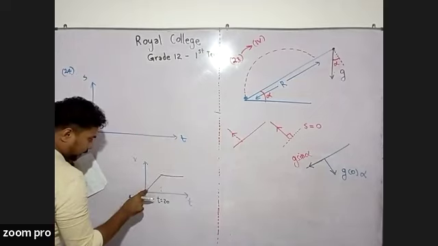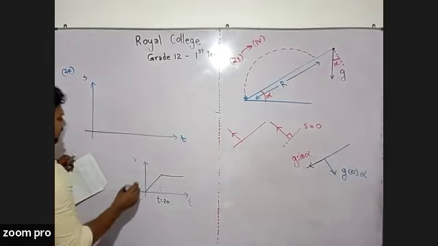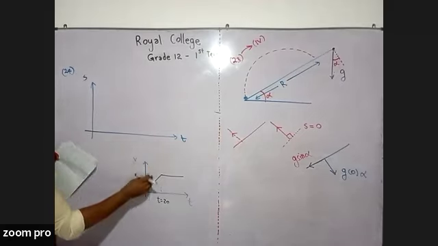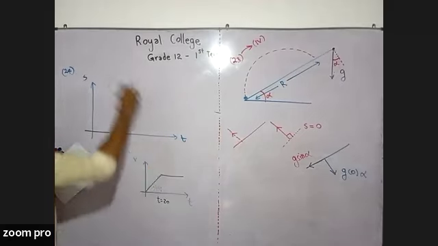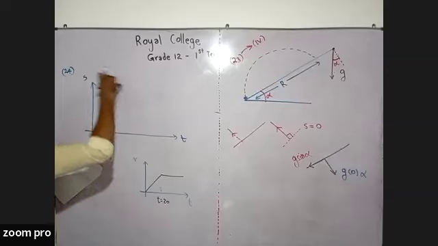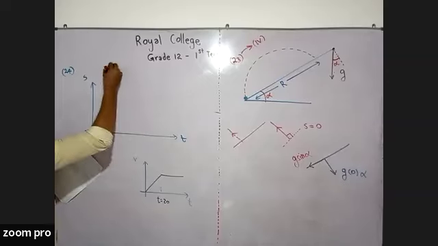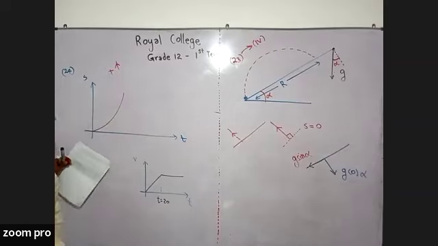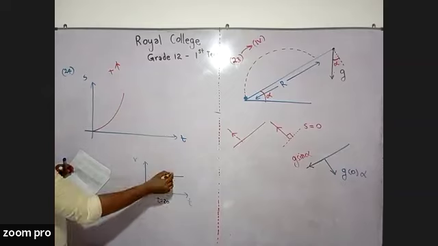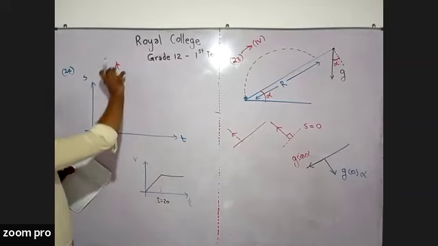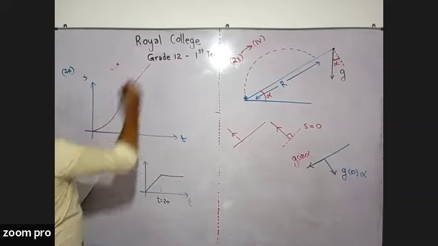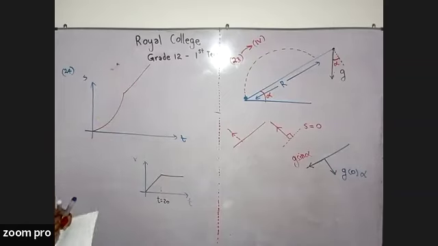Now this means the velocity is positively increased, right? If the velocity is positively increased, the gradient in this displacement time graph should also be positively increased. Right. So this is the way that we draw the positively increasing displacement graph. Then velocity is constant, so the gradient should be constant, like this, right?